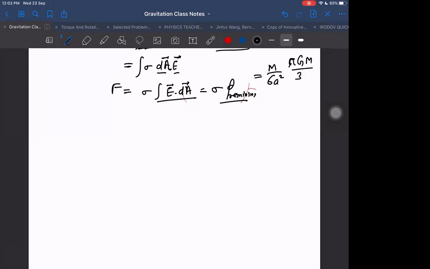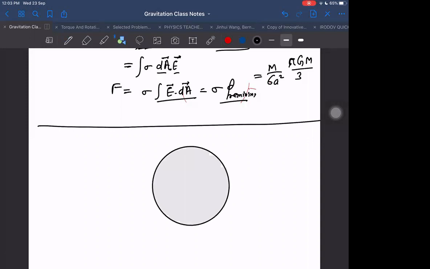Next we can take the example of a solid sphere, and on that let us say I have a cavity inside the solid sphere. How to find out the force or the field inside the cavity? Can you find out the field inside the cavity?